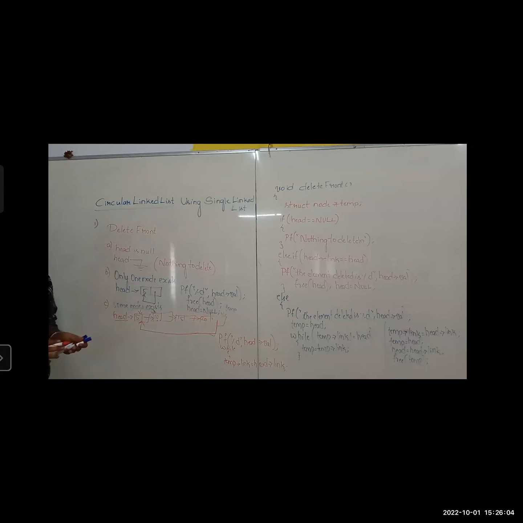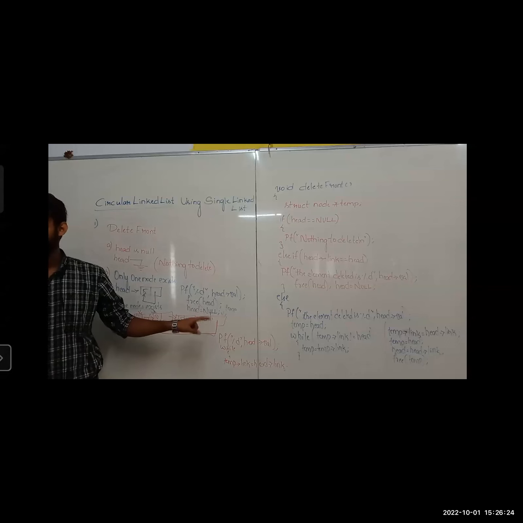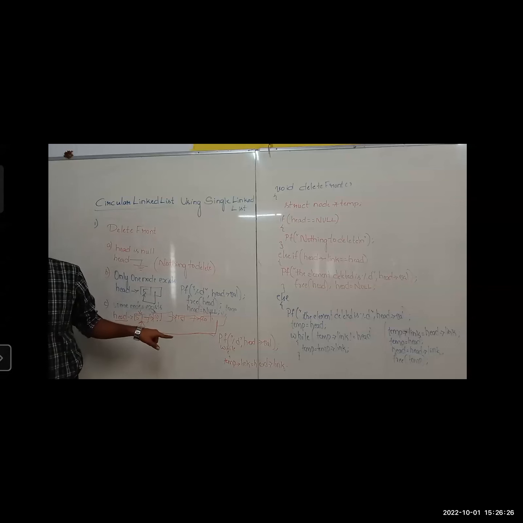If you remember delete specific, if I want to delete the fourth node, I will not stop at the fourth node. I will stop at the third node. How to stop at the third node? Already all of you know: temp's link's link not equal to head. Till then you keep moving. Got my point? So directly I'll write it.